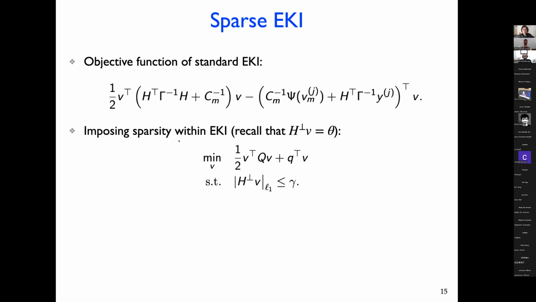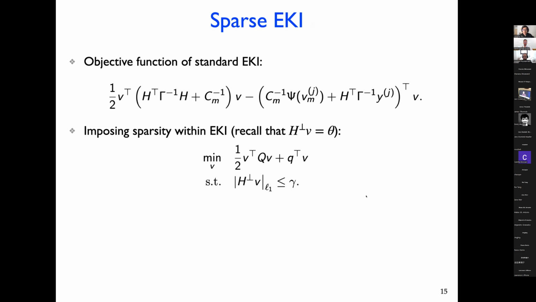Imposing sparsity within EKI can then be done by incorporating an L1 penalty or constraint into this standard quadratic programming problem.